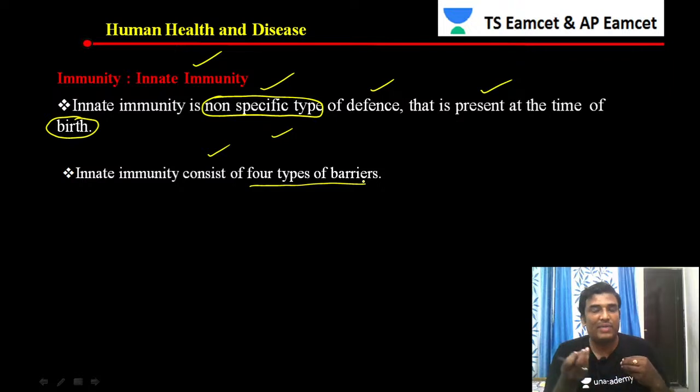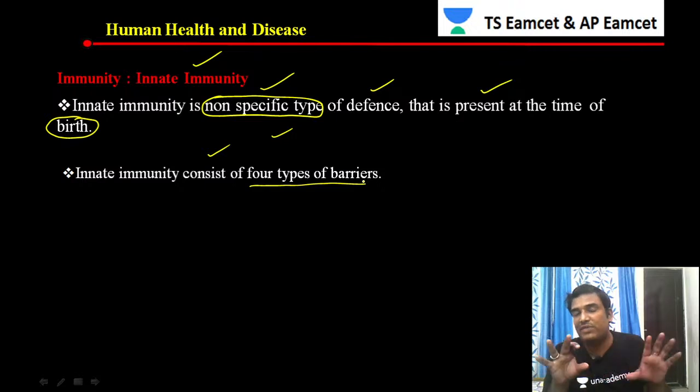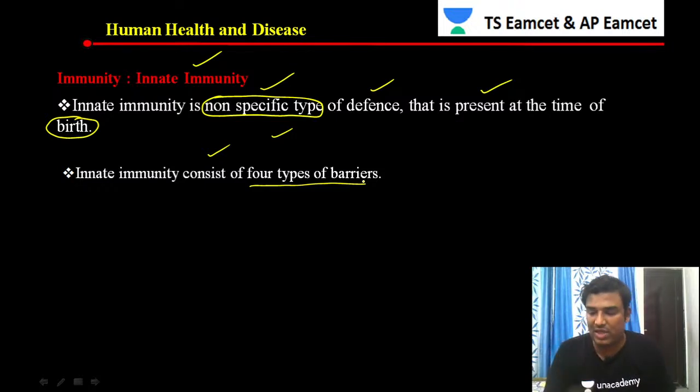The immunity produced inside the human body is not specific to bacteria, virus, protozoa or helminths. Any organism entering the body, it tries to stop and kill. Such immunity is called non-specific.